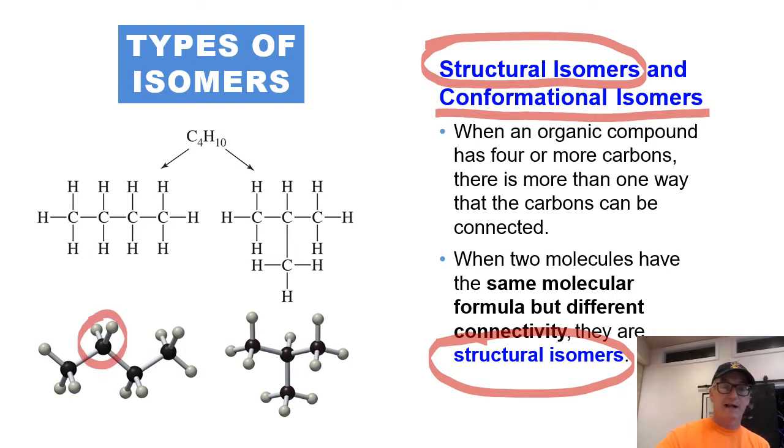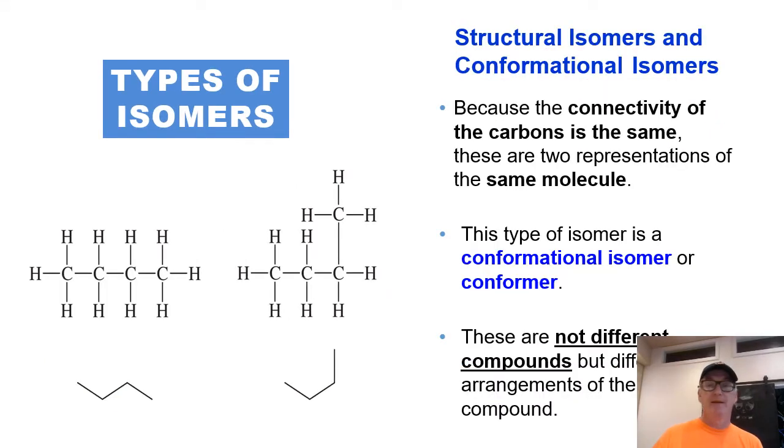This carbon is attached to 2 carbons, and this carbon is attached to 2 carbons. But this one's attached to 3. That makes it structurally different. It's a structural isomer. Now, that is not the same for a conformational isomer. That just has a different shape, but it's the same molecule still.